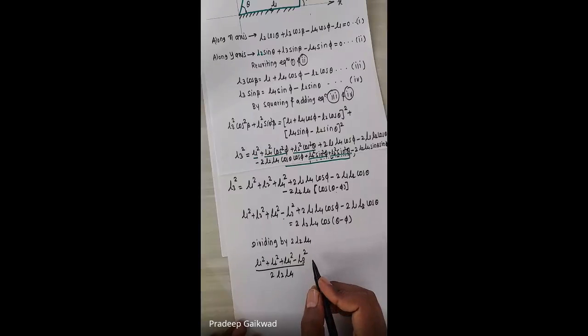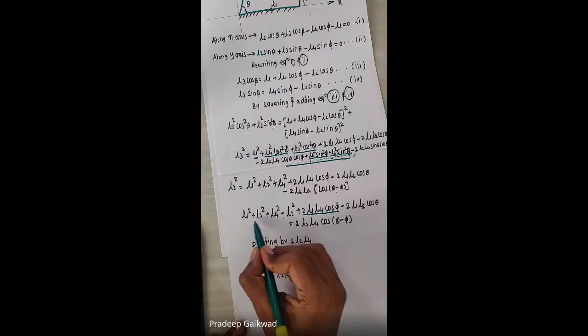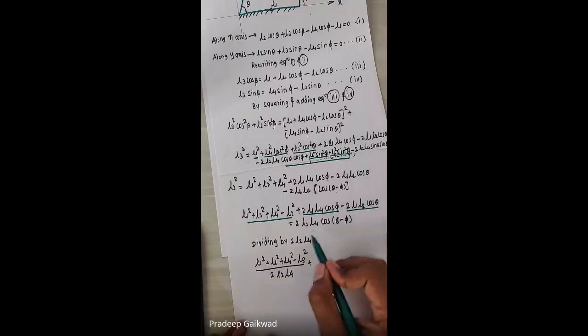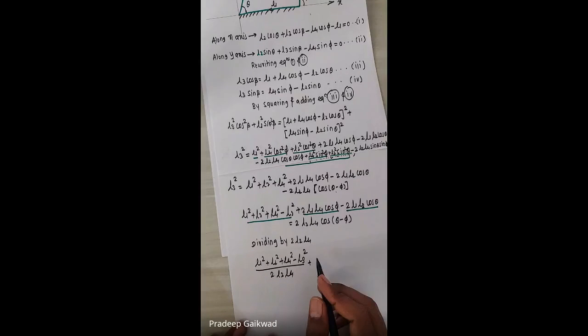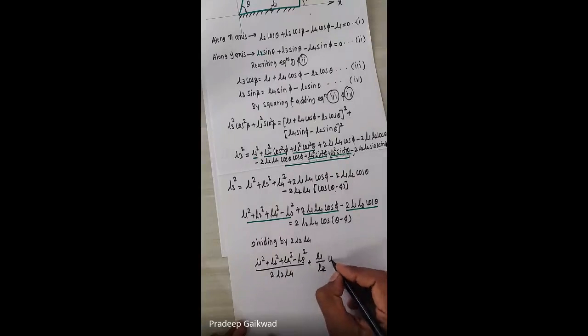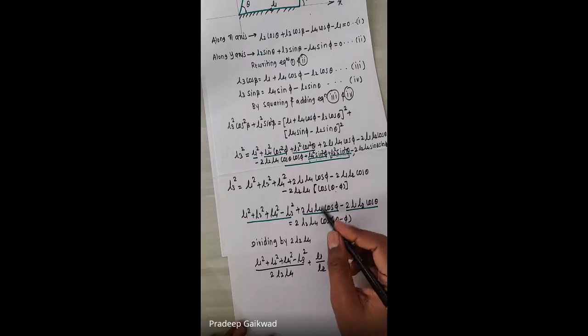Second term means I want to divide the second term. I take three terms, first term, second term, third term, divide by twice L2 L4. So what remains is L1 upon L2 cos phi, as this L4 gets cancelled, 2 gets cancelled, and cos phi as it is.